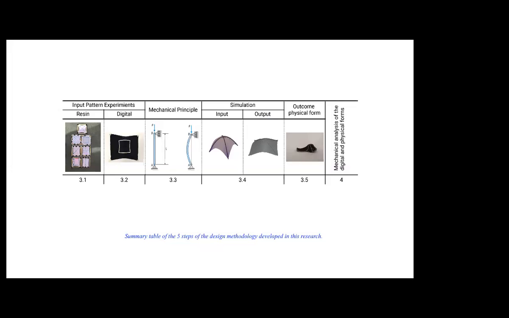Third, the development of a digital simulator that makes visible an approximation to the form generated from the input pattern and the output form. Fourth, the generation of the physical outcome. And fifth, the mechanical analysis of both digital and physical outcomes. A critical step for the detection of patterns and discoveries will serve for further developments.